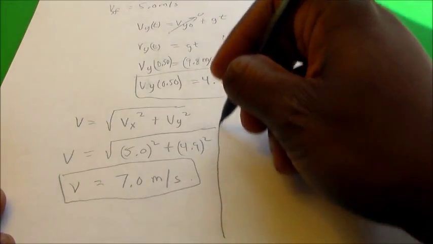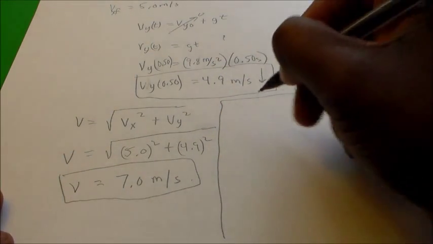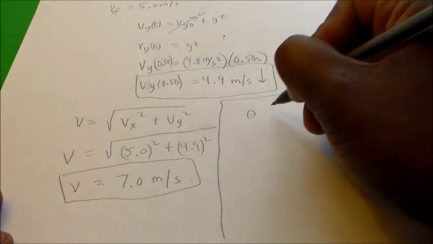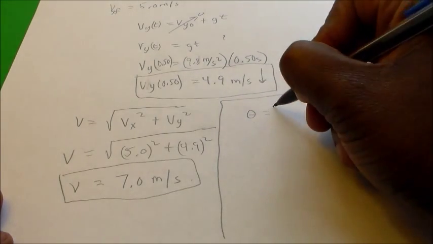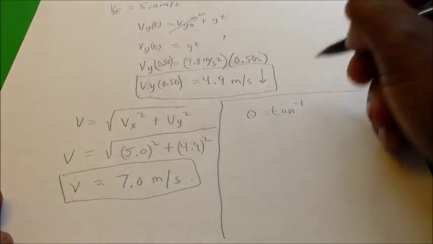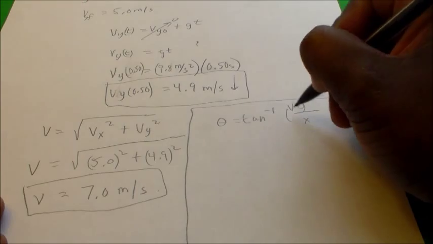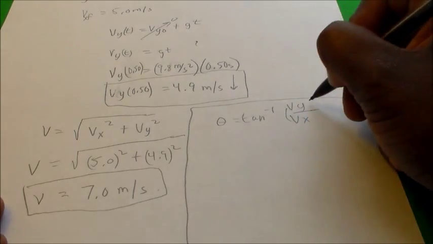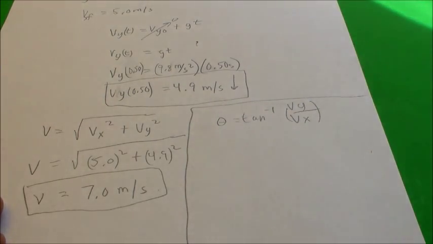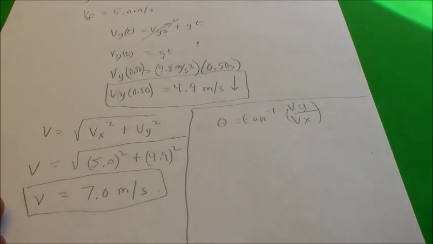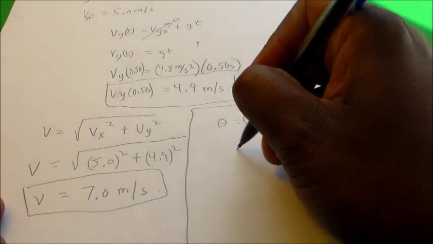You remember, if you want to find the angle, we can take the inverse tangent of y over x, and in this case it is the velocity in the y direction over the velocity in the x direction at that 0.50 instant in time.